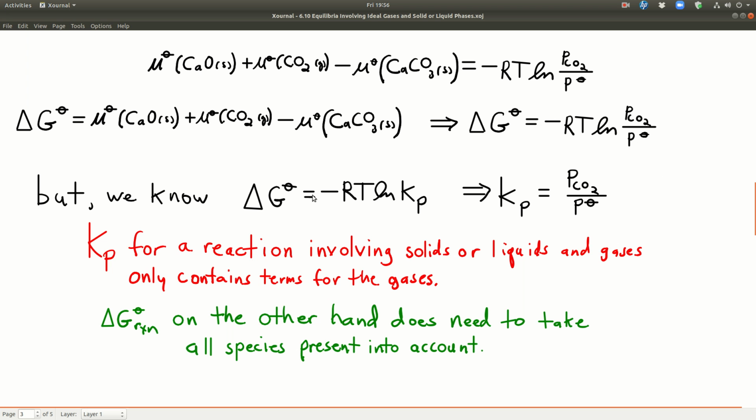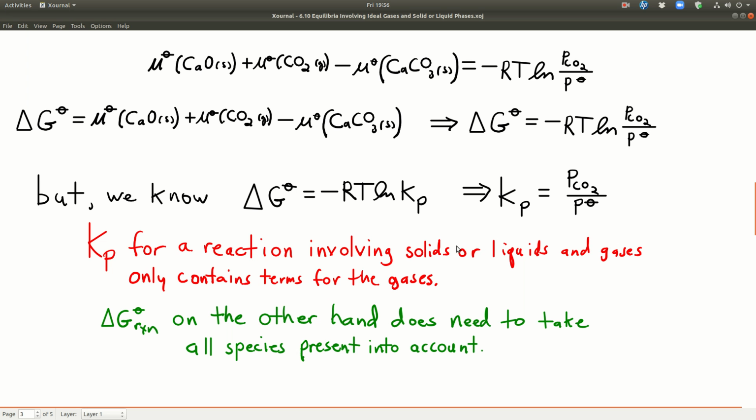But we saw earlier that delta G at standard conditions is equal to negative RT ln Kp, which means that because these two are the same, Kp must be equal to the partial pressure of CO2 divided by the standard pressure. In other words, the takeaway from this, guys, is that Kp does not include any information at all about the solids or liquids, just the gases. The solids and liquids do not affect Kp.